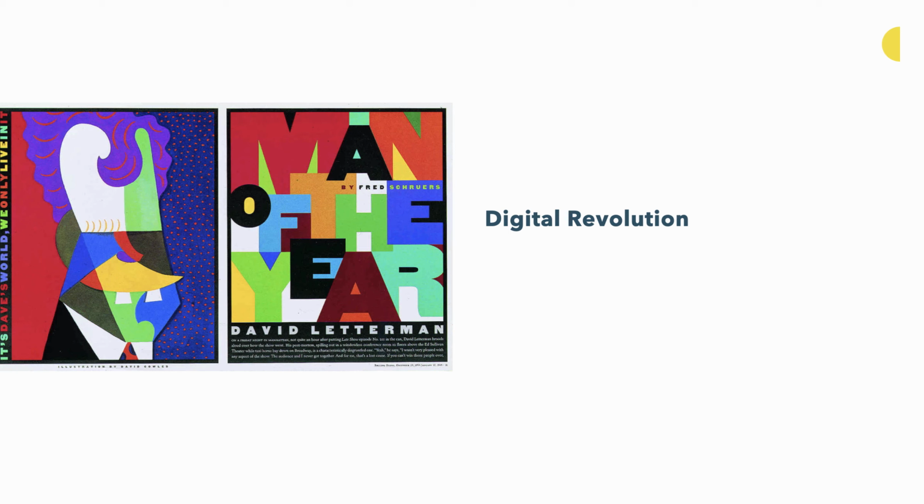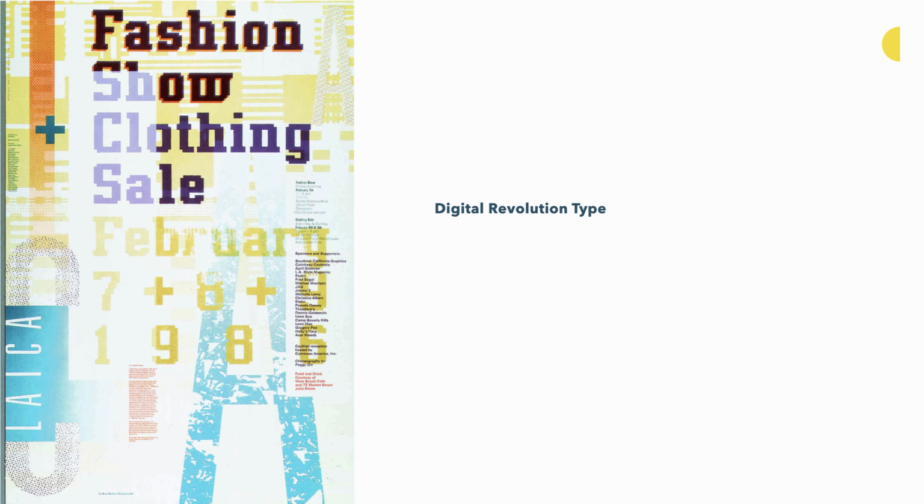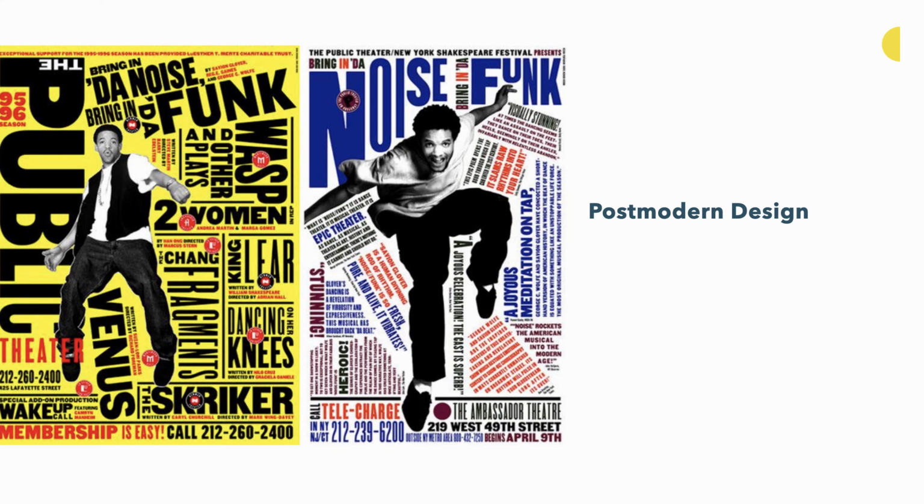Now we move to the digital revolution, which is coupled with postmodern design on the exam. And this is computer-generated imagery, the internet, interactive design, and the World Wide Web. And the typography might look pixelated. In the early days of computers, they had to embrace this, and so they did.